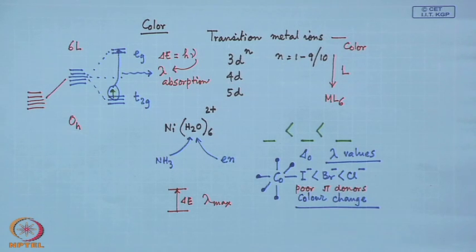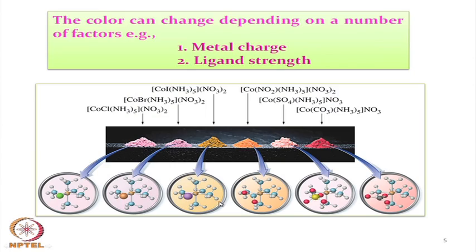So that will classify nicely when we see the entire spectrum of these groups which can be attached to the cobalt center. So next, if we just go from this iodide to nitrite, this is the nitrite one. So nitrite means we have the direct bonding of nitrogen with the cobalt center, and we all know that nitrite is a very strong ligand which is very close to cyanide and carbon monoxide.